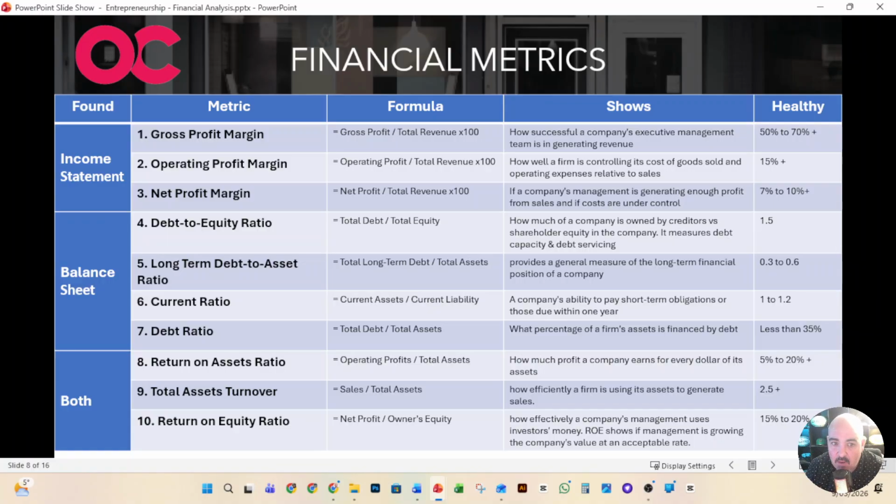Your company might have very low debt. Maybe your owners, the people who are going to be your investors or shareholders, which could be yourselves, have money to put into it. So maybe your debt is going to be low, so your debt ratio might also be low.